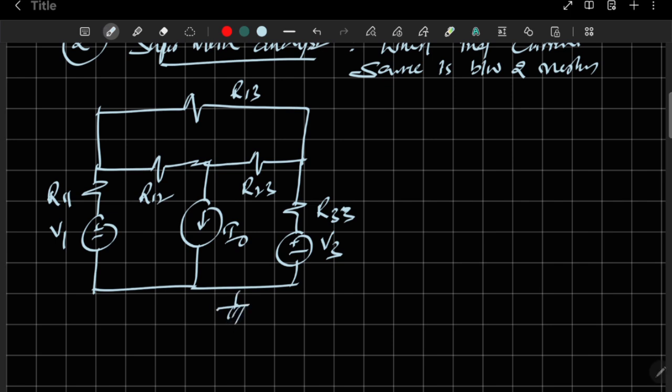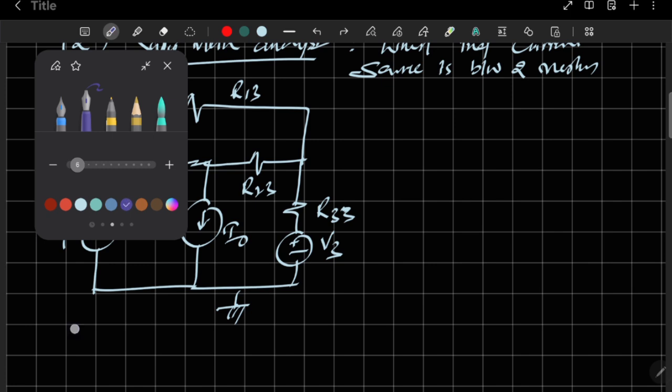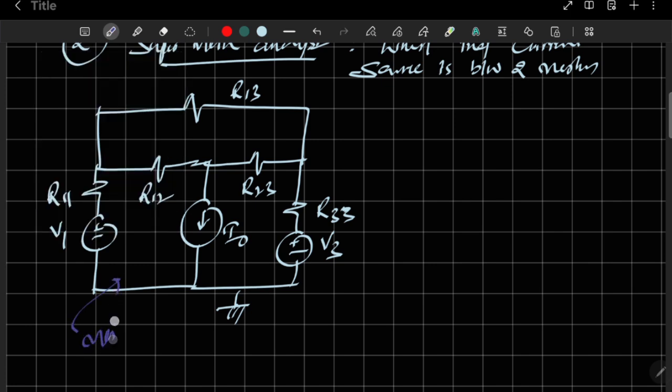Do you have an independent current source between the two meshes? Yes. Here independent current source I0 is available between meshes 1 and 2. We know what mesh 1, mesh 2 and mesh 3 are.